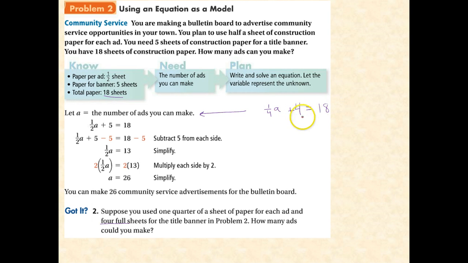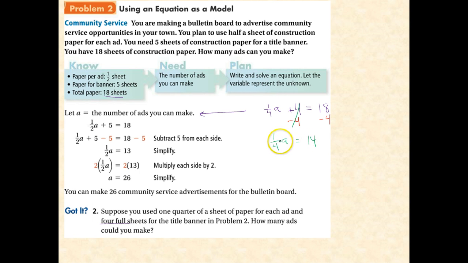If we go in reverse order of operations, we know that we got to do addition and subtraction first and then multiplication and division. So I'm going to do the opposite of plus 4. I'm going to subtract 4 from each side. So now I have 1/4 A equals 14.